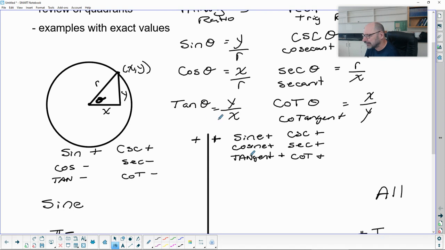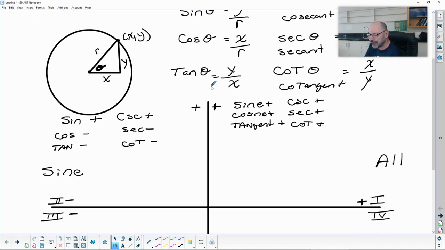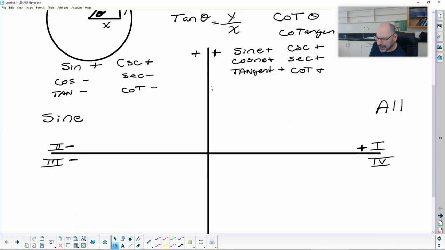So tangent is the only positive one, along with cotangent if you look at the reciprocal identities. So in this case, we have tangent is positive, and sine and cosine are negative. And if we look into the reciprocal identities, that means cotangent. And with sine, we have cosecant. And of course, we have secant.